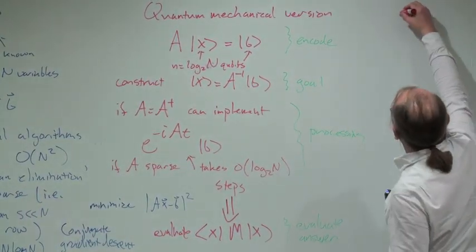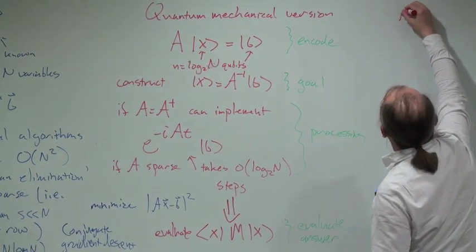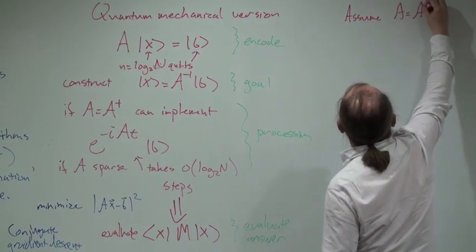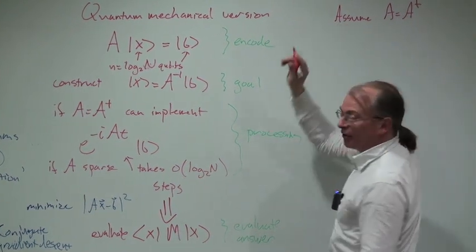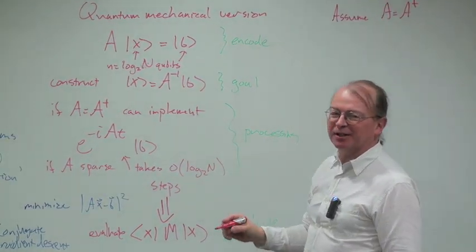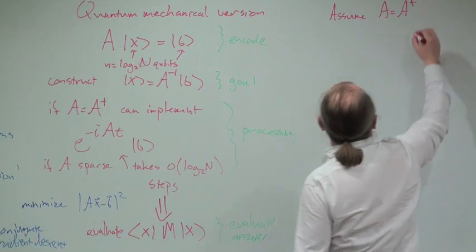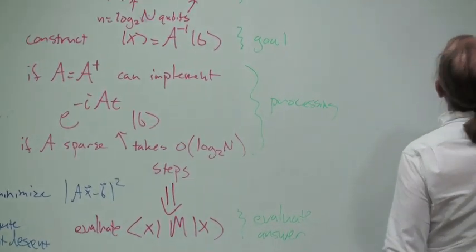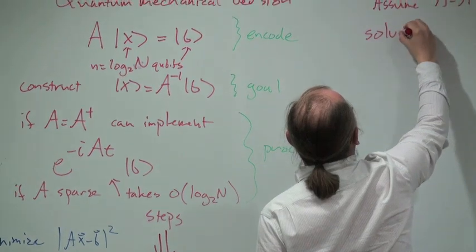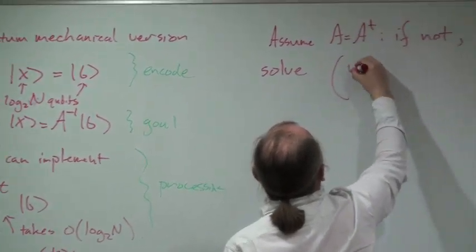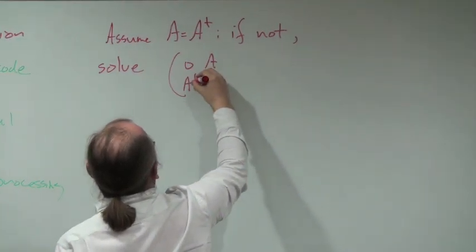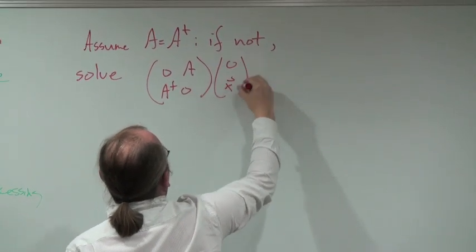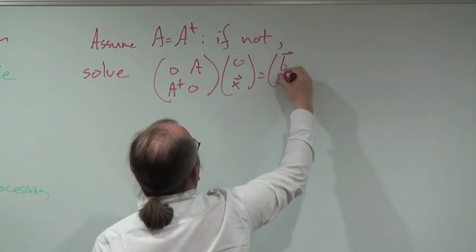So the first step is we're going to assume A is equal to A dagger. This actually says, oh, you're cheating, you're only using square Hermitian matrices, but it's very easy to solve the problem in the following context: 0, A dagger, 0 acting on 0, X is equal to B, 0.